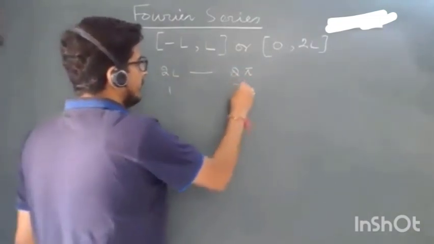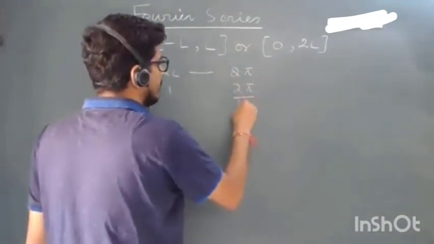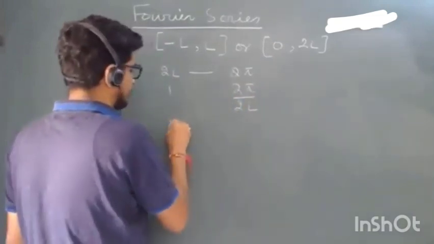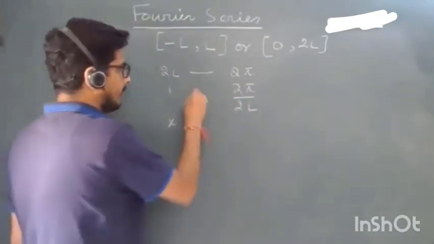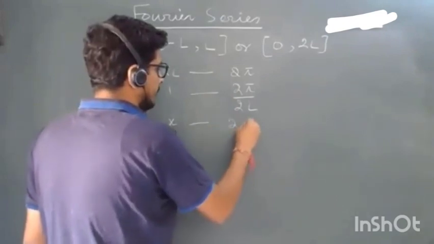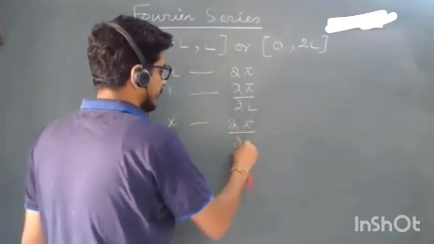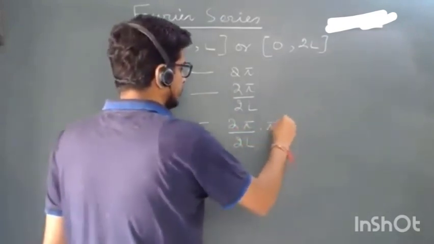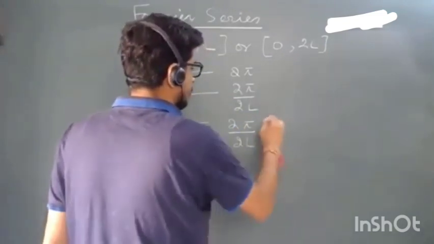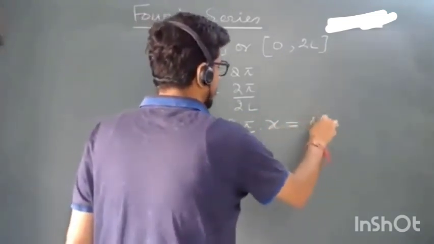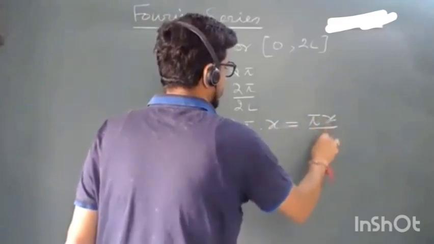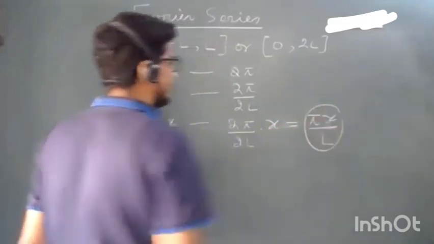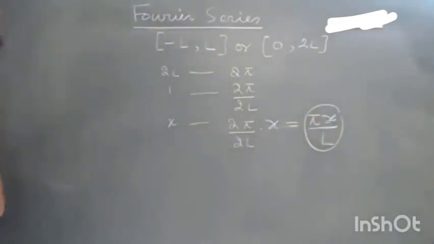So for 1 it will become 2 pi by 2L, and for x it will become 2 pi by 2L into x, which is pi x by L. So the x will be replaced by pi x by L in the new formula.